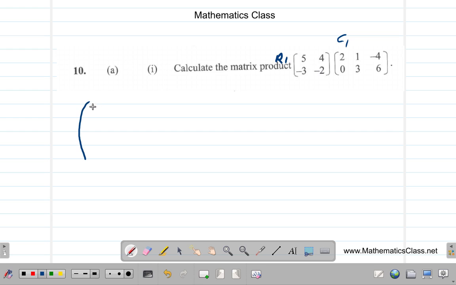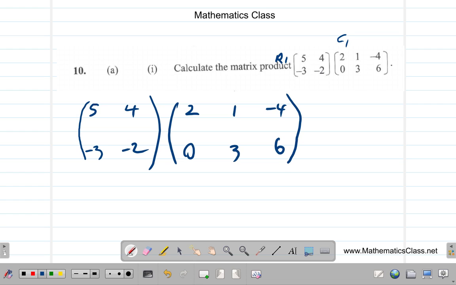In fact, what I'm going to do is rewrite the matrices: 5, 4, negative 3, negative 2 times 2, 1, negative 4, 0, 3, 6. I'm going to multiply them out now. It's going to be row 1 times column 1.